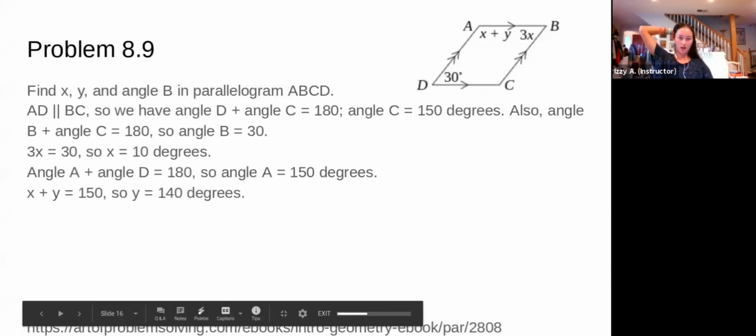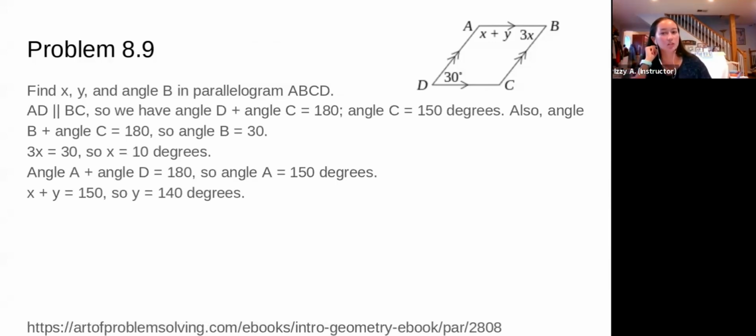So AD is parallel to BC, so we have angle D plus angle C equal to 180, and angle C is equal to 150 degrees because we know what angle D is. And also angle B plus angle C equals 180, so angle B equals 30. You plug in, you know what angle C is, sorry, my bad.